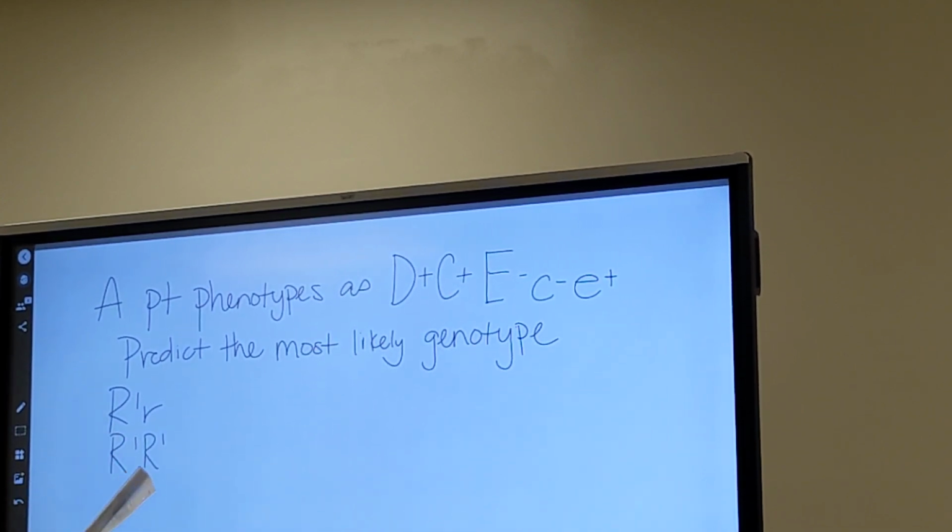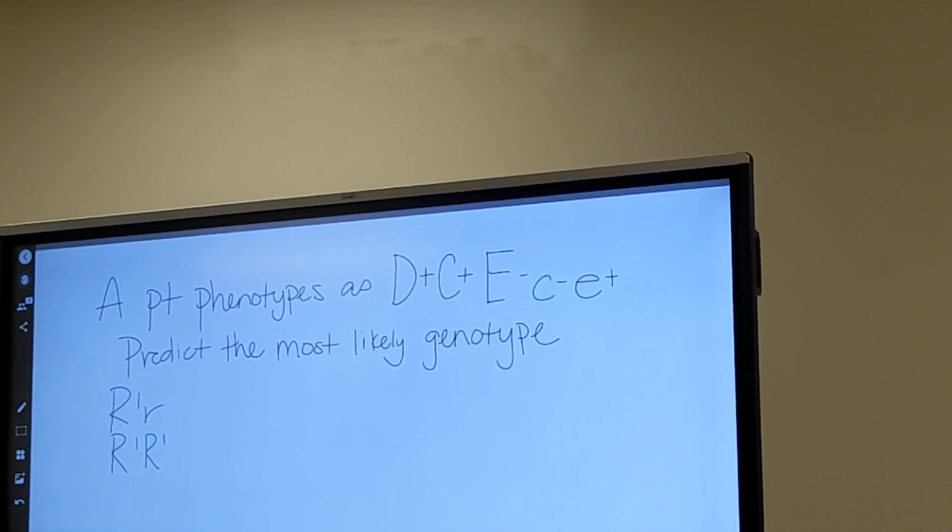This is a multiple choice question on the test. I'm probably not going to give it to you, but I want you to know how to use what I gave you yesterday to answer a question if you saw one like this.